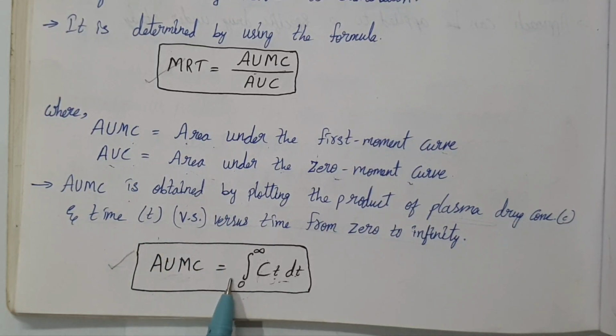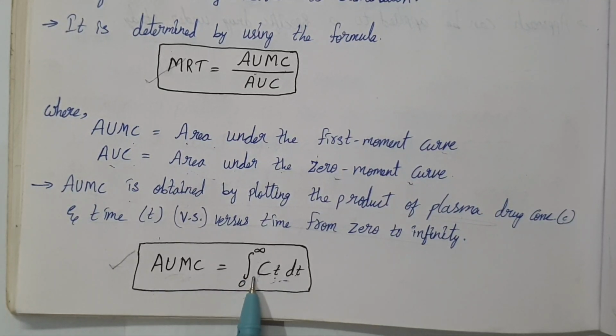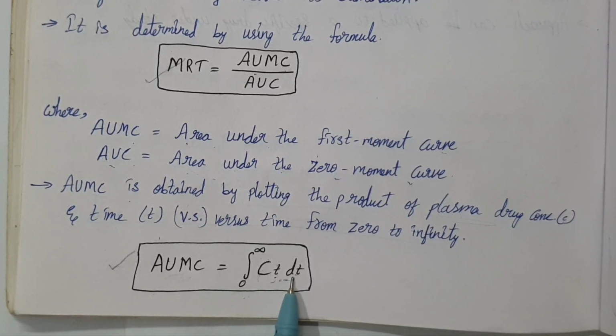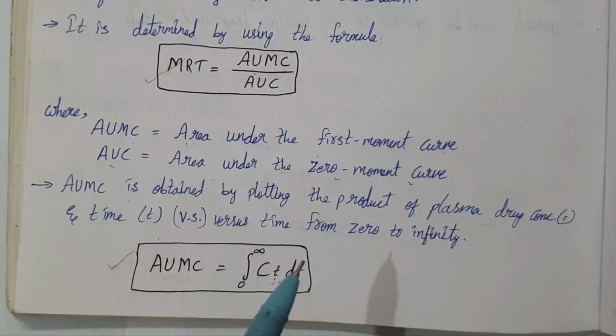AUMC equals integration 0 to infinity. So we are plotting concentration multiplied by time against the time. This helps us to understand how long the drug stays in the system.